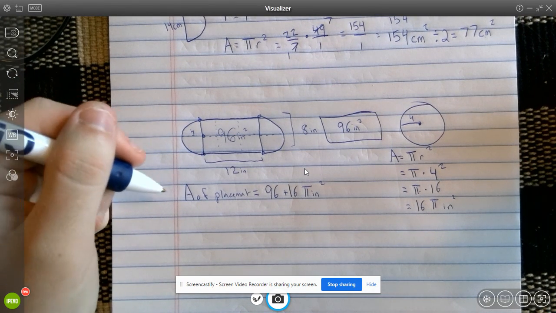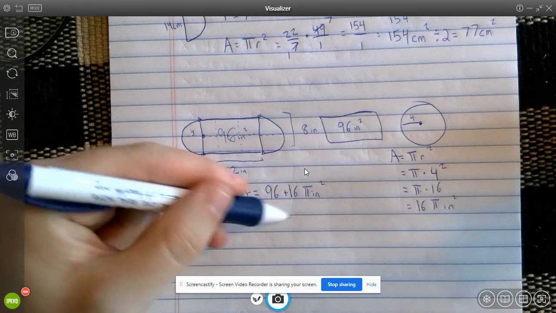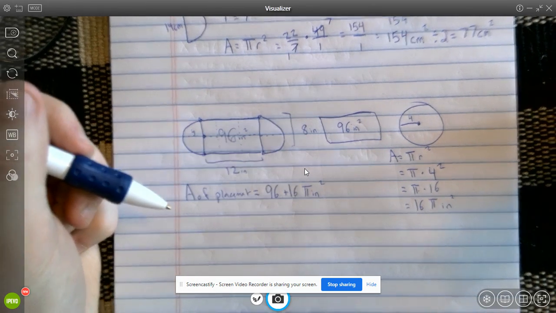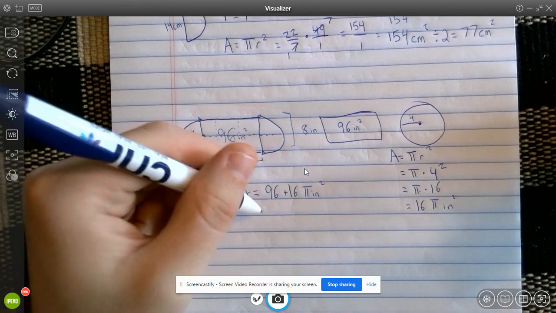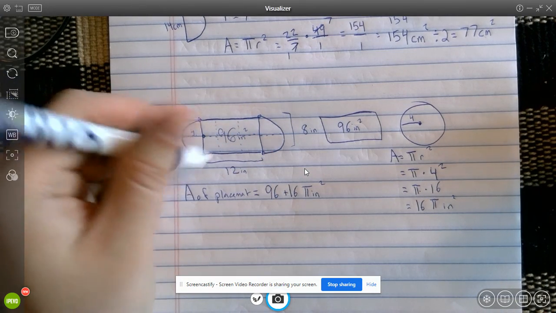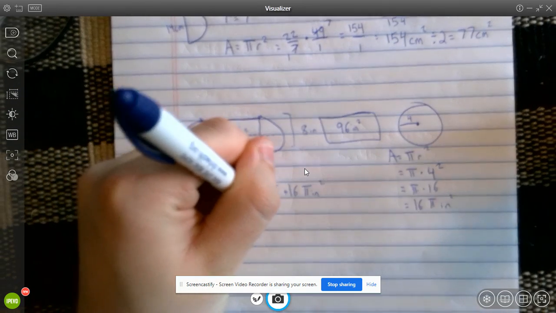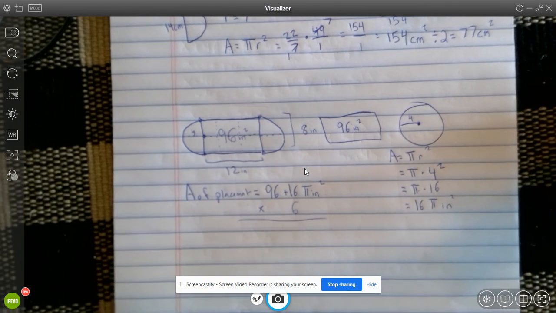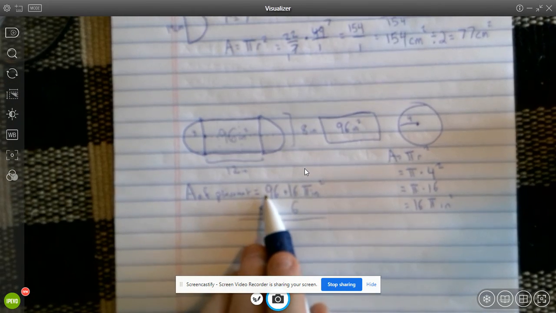Now from there, if we wanted to find the area of 6 placemats, what would we do with all of this right here? Right, if that's the area of 1 placemat, we should take all of that and multiply it by 6 to get to our solution. We are going to multiply all of it by 6, but this is kind of like when you're combining like terms. Because this term has a symbol, we can't combine it with this one over here.